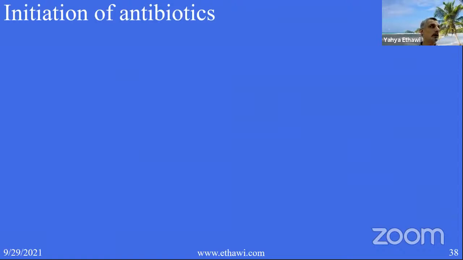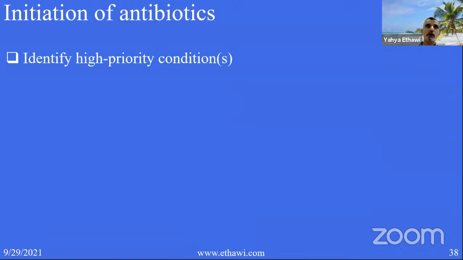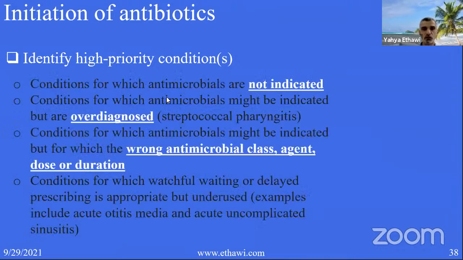Now I will talk a little bit about how to avoid using antibiotics. If your unit or your hospital is overusing antibiotics, you need to start identifying high priority conditions. What are these high priority conditions?